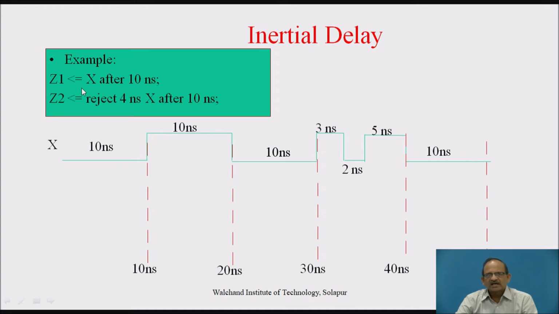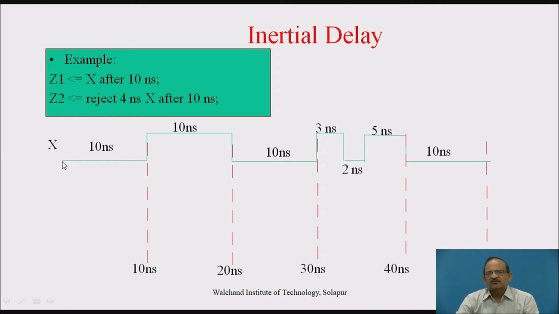But as we know, inertial is the default delay, so the delay used here will be an inertial delay. In the second, Z2 gets x with reject pulse width specified, with an inertial delay, after 10 nanosecond. Now let us consider what will be the output assigned to Z1 and Z2.